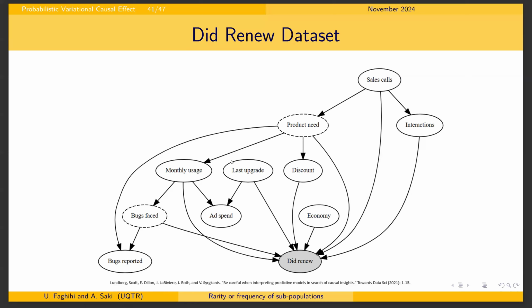They wanted to see which one is more important. What was the real cause? Was it the discount they gave, the economy of the client, the advertisement spend they have seen, or the monthly usage of the client? And as you can see, there are nodes that are missing. You are going to delete them.